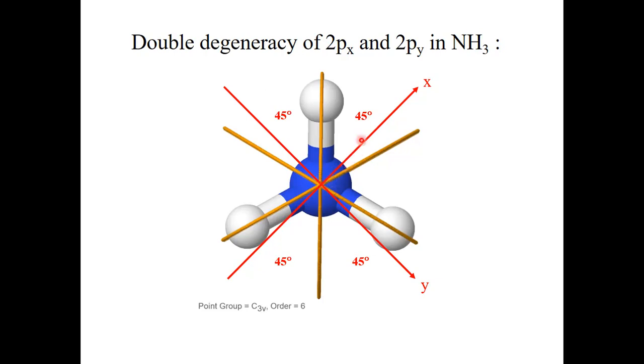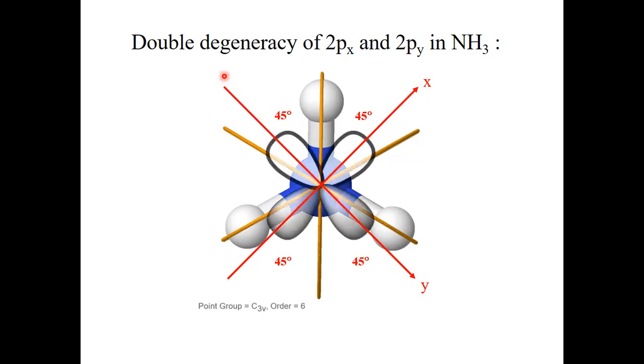So now, if we define this to be the x-axis and this to be the y-axis, and of course the x and the y-axis have to stand perpendicular to each other, then the px and the py orbitals would need to be oriented along the x and the y-axis respectively.